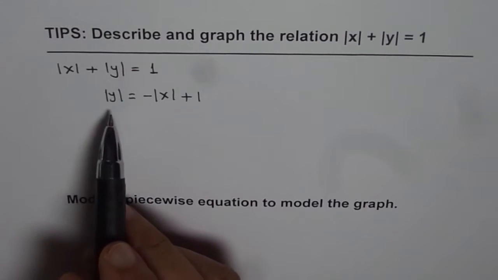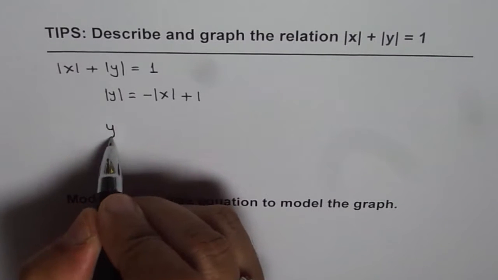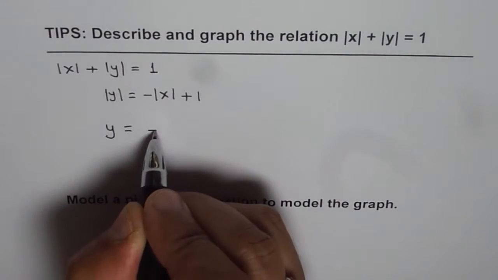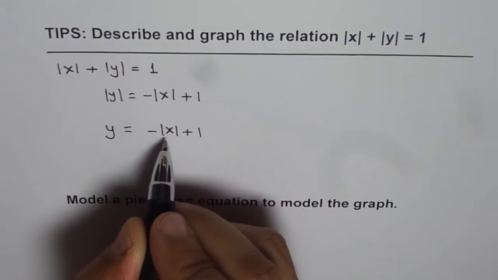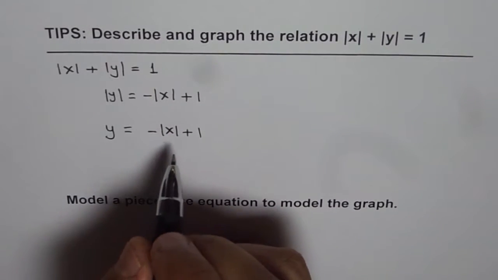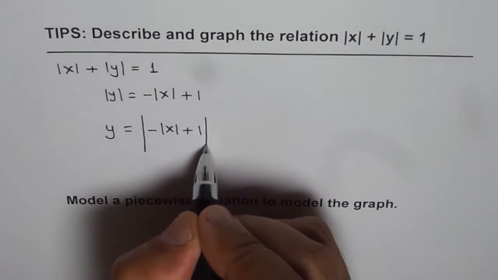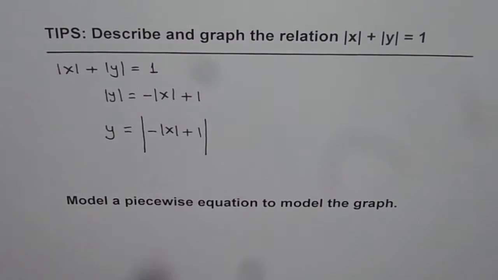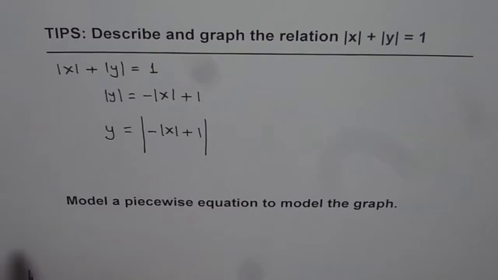So we can think about this function as y equals minus absolute value of x plus 1, and whatever we get from here we can find its absolute value. So that is how we can define our function.